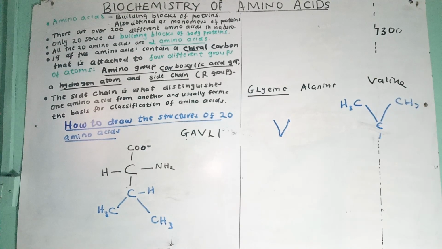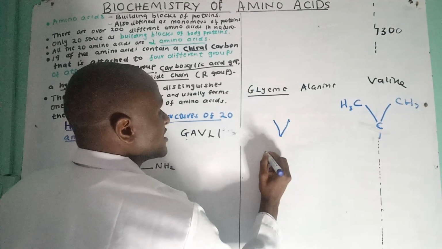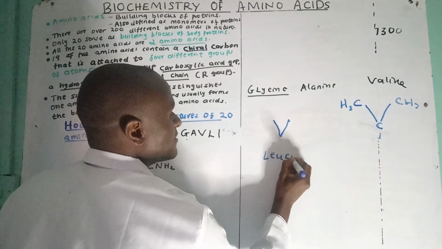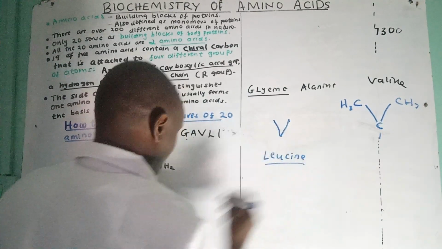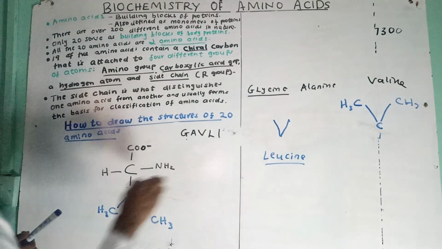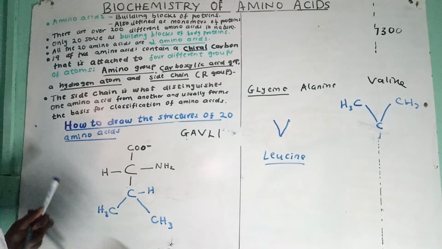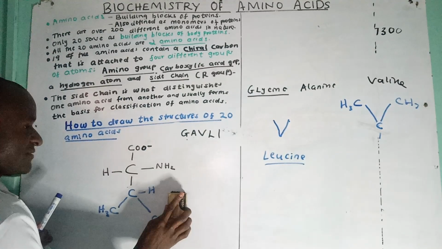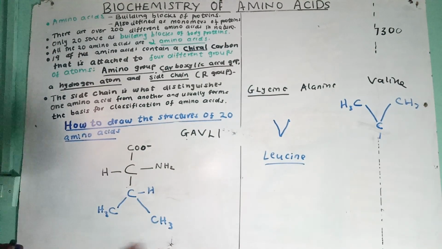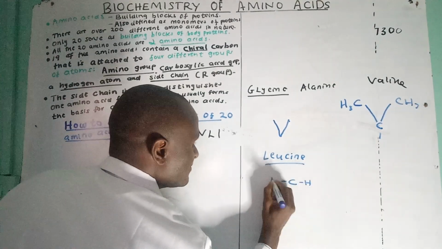Then the next one will be leucine. Leucine has got an addition of CH2 on the valine. So let me draw valine very fast. For us to draw leucine, draw the extra carbon with the CH2 like that.